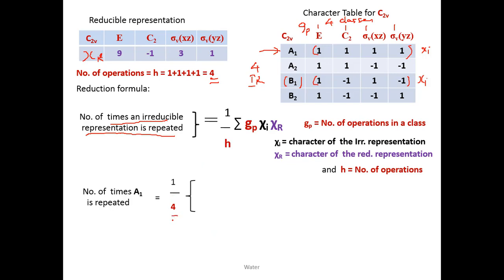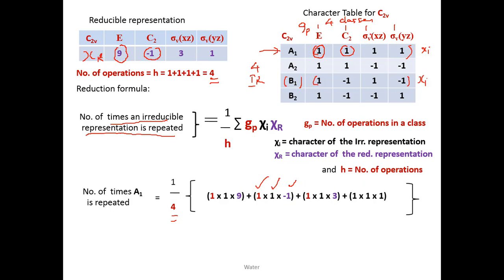Now we will do the calculations for the number of times A1 is repeated, the first row. For this, 1 by h, h is 4, and after that g_p is 1, the chi-a value is 1 and the chi-r value is 9, and so you will get 1 into 1 into 9 as the first term. For the second term, g_p is 1, chi-a is once again 1, and chi-r for C2 is -1, so 1 into 1 into -1.